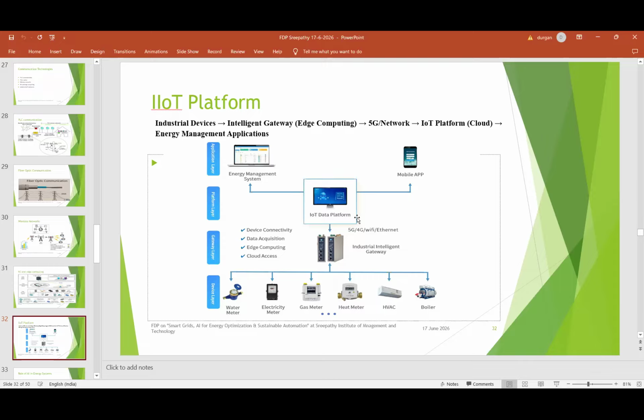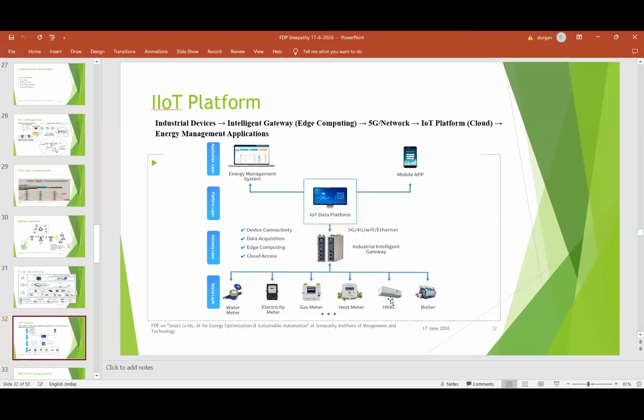Here you can see the structure of the IoT platform. This is a simple example of IoT. It connects industrial devices: sensors, water meter, electricity meter, gas meter, heater, then high voltage devices, then heating, ventilation, and AC.